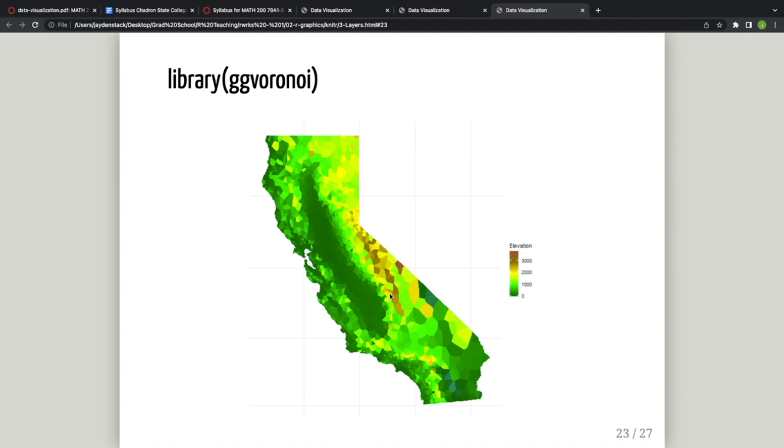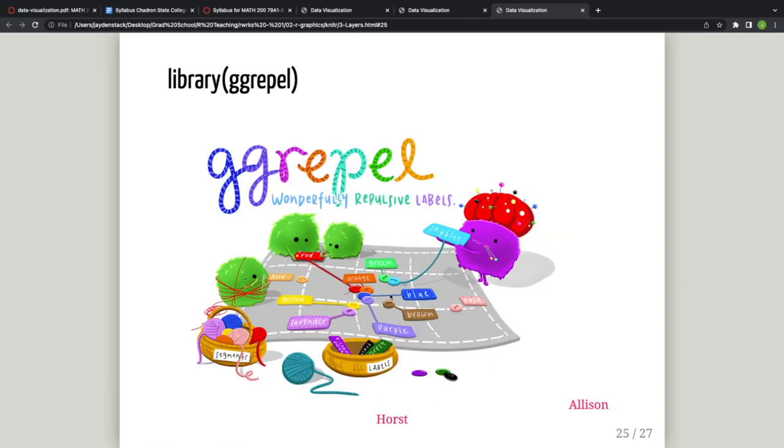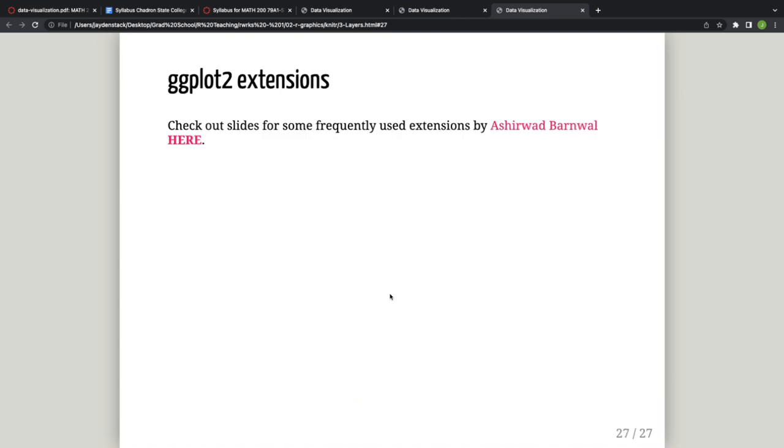Voronoi, another one that's used a lot for spatial data, and we can actually map elevations, which is pretty cool. ggridges, temperature, ggrepel, patchwork. You can take a look at all these different extensions at this link. And again, I implore you all to take a look at the textbook, take a look at these links, take a look at your cheat sheets, so that you might be able to master creating beautiful graphics to visualize your data.